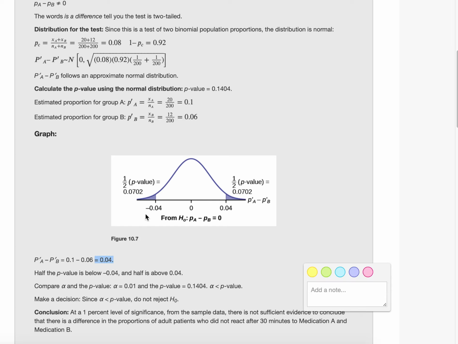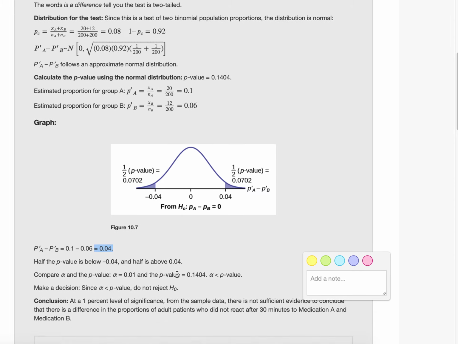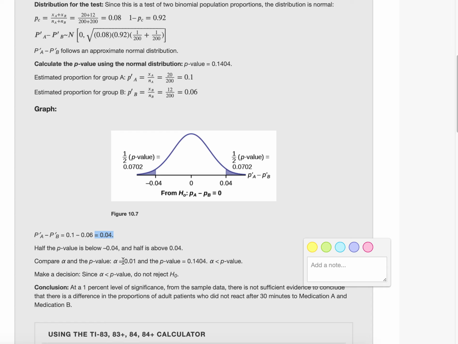There's my critical value, with half the p-value below 0.04 and half above 0.04. I'm going to use that information to compare my alpha and my p-value. Since it's 1%, alpha is 0.01, and the p-value that I calculated is 0.14, so my alpha is less than my p-value, so my decision is I can't reject the null hypothesis.